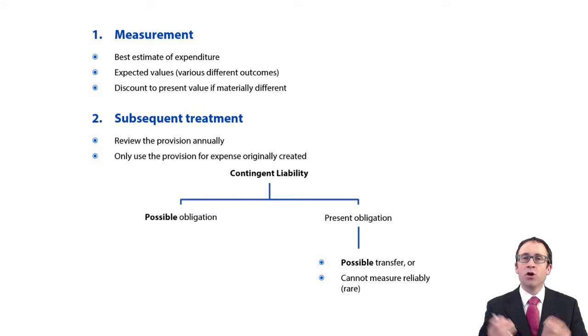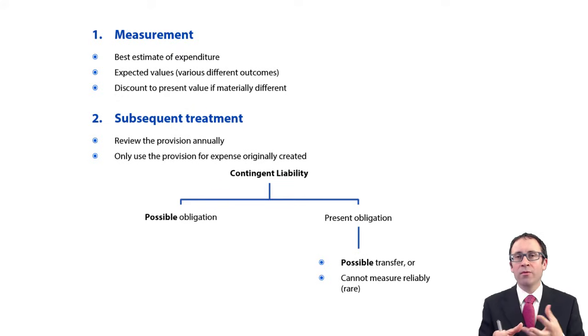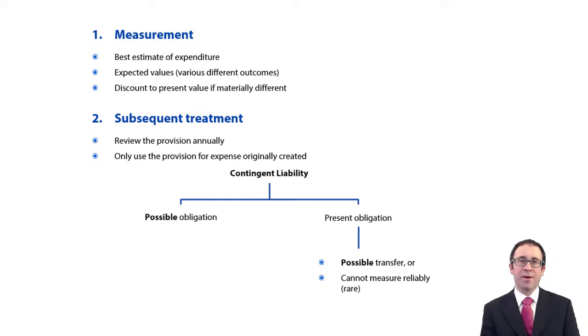Okay, so remember what we have to think about when we're looking at recording transactions. We need to look at the initial measurements and then subsequent measurements. So here, if you're reliably estimating the outflow that is likely to occur, it is the best estimate of the expenditure.